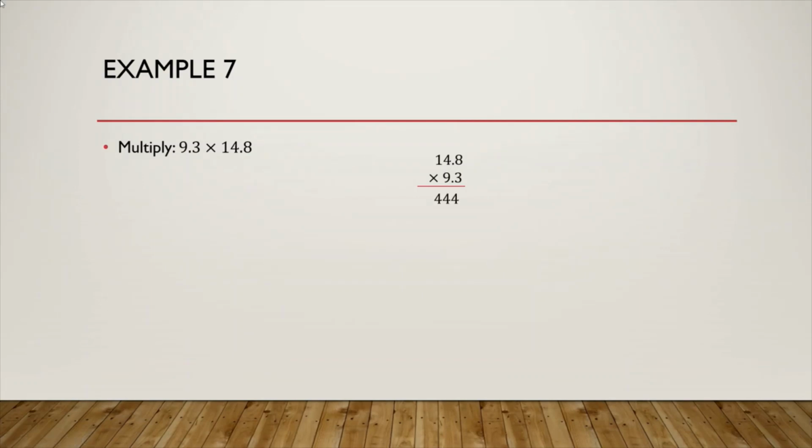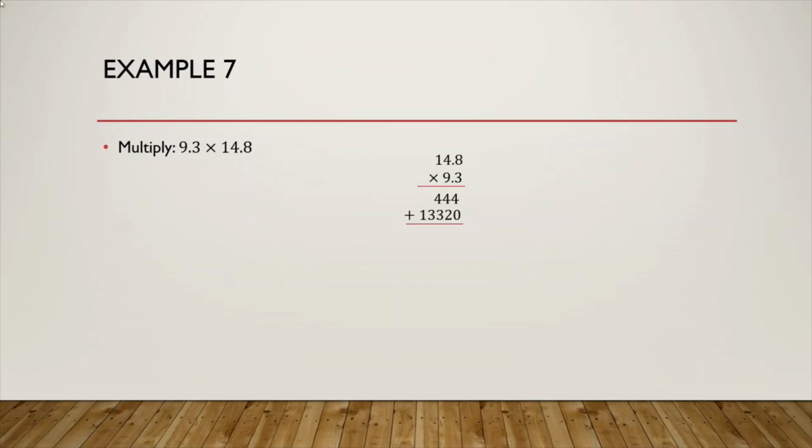With the decimals, ignore until the very end. So 3 times 148 is 444. And then 9, since it's one place value over, use a 0 as a spacer. So 9 times 148 is 1,332. Put the 0 there as a place value. Then you would add those together.